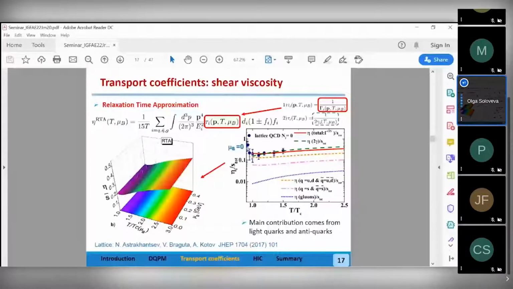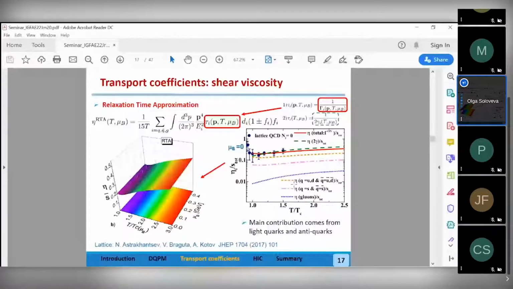And the dashed green line corresponds to the case where momentum dependence is not used. So here the relaxation time depends only on temperature and μB. And as you can see, these values are actually very close to each other. So the main contribution of energy or p dependence to the transport coefficients is in the phase transition region.